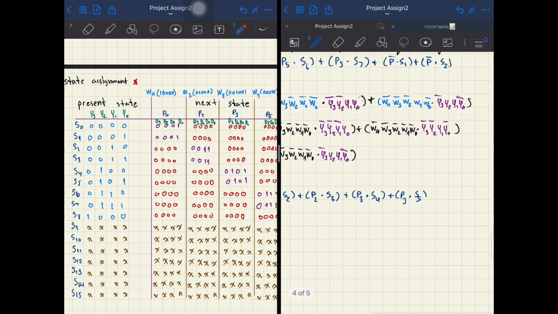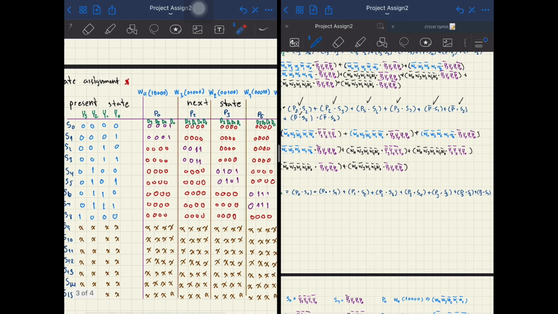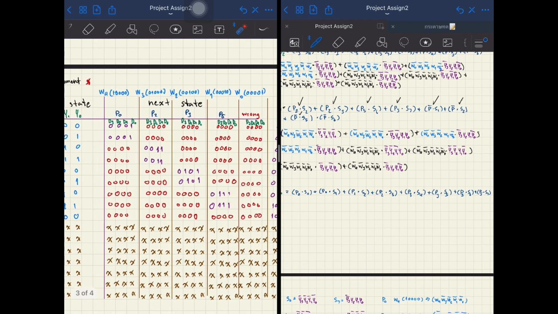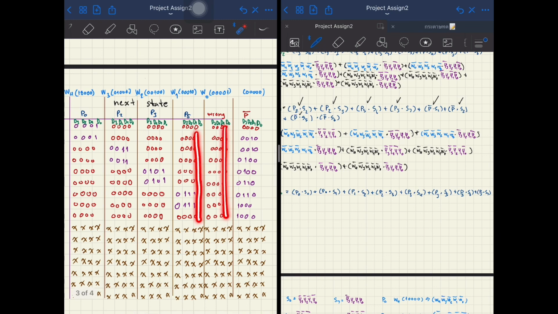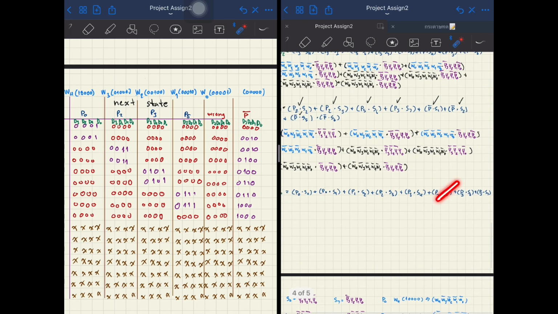I can write P5 and with state 6 or with P5 and with state 7. So let's check it: 1 2 3 4 5 6 7 8. I collect all one here at D0. Okay, it must have 8 term.